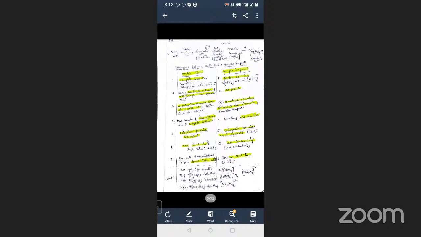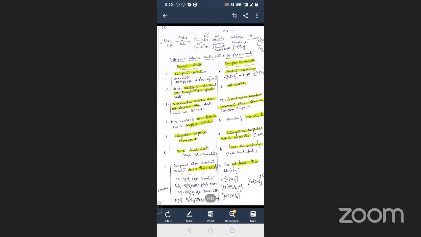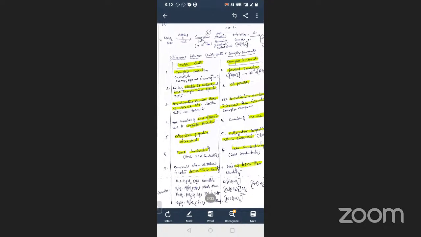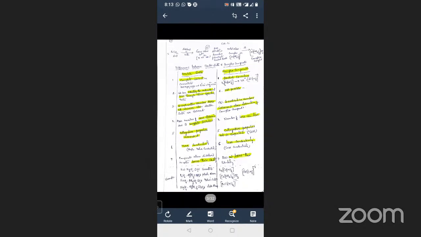Make it very important. కోఆర్డినేషన్ నెంబర్ పెరగదు, కోఆర్డినేషన్ నెంబర్ పెరుగుతుంది. కాలిగేటివ్ ప్రాపర్టీస్ పెరుగుతాయి, కాలిగేటివ్ ప్రాపర్టీస్ తగ్గుతాయి. కండక్టివిటీ ఎక్కువగా ఉంటుంది, కండక్టివిటీ తక్కువగా ఉంటుంది. ఇవి మెయిన్ ప్రాపర్టీస్, డిఫరెన్సెస్ బిట్వీన్ ద డబుల్ సాల్ట్స్ అండ్ కాంప్లెక్స్ కాంపౌండ్. ఈ డబుల్ సాల్ట్స్ ఎగ్జాంపుల్స్ ఇవి, ద కాంప్లెక్స్ కాంపౌండ్స్ ఎగ్జాంపుల్స్ ఇవి.